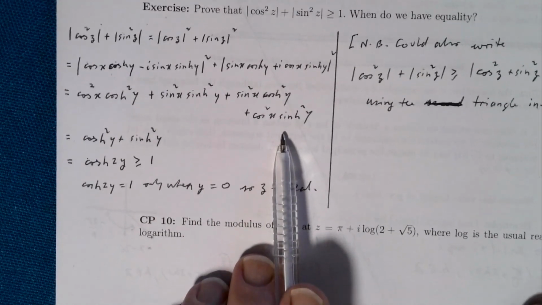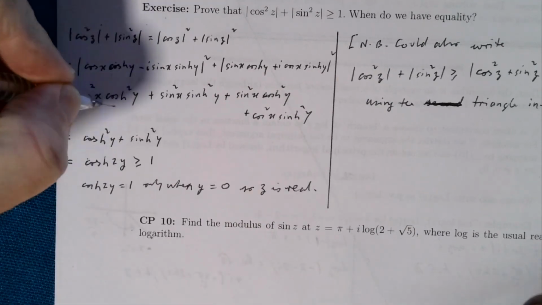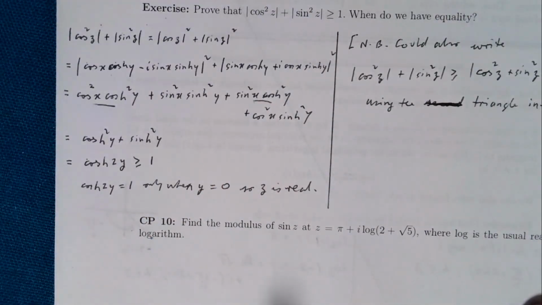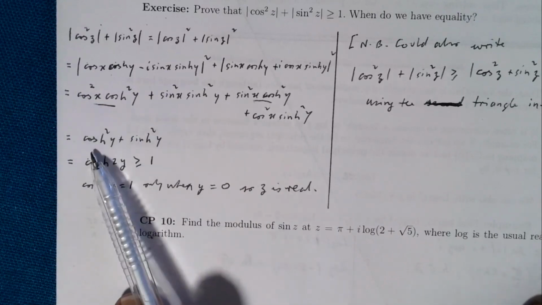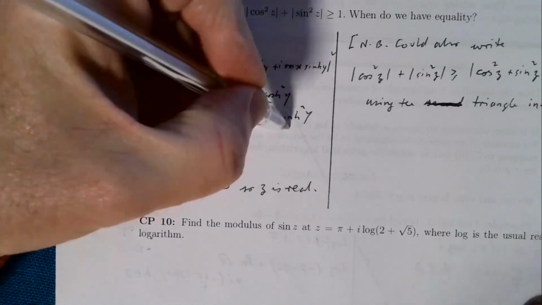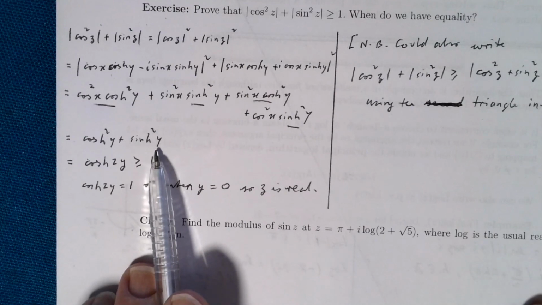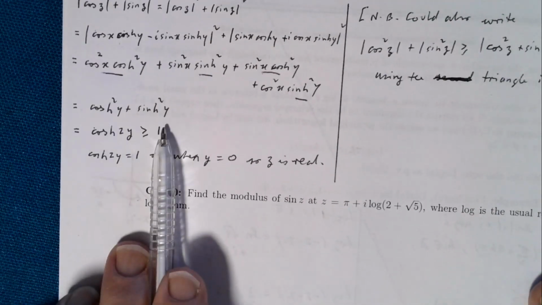Now, you can take out a common factor of cos squared x out of this term and this term. And then when you take out cos squared, you get cos squared plus sine squared is 1. And then I take out a common factor of sine squared out of these two terms, and again I get cos squared plus sine squared is 1. Now, there are various ways you can proceed here. I'm just going to use double angles.